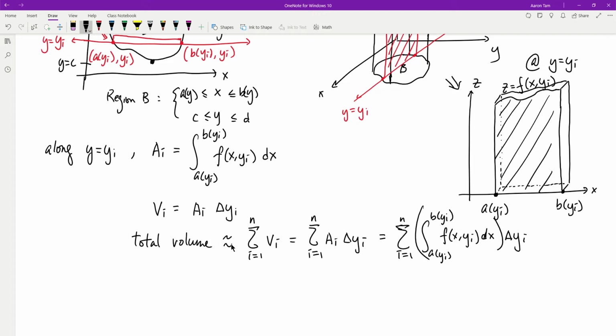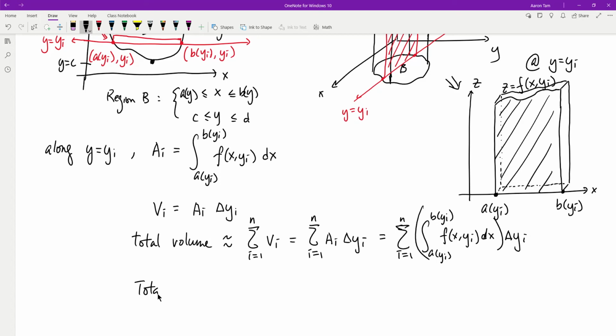But I could improve my approximation. The way to improve my approximation is to make delta y smaller, so that the layer that we're doing is thinner and therefore gives us a better fit to the region B. But making delta y sub i smaller means that we have to do more of this, and therefore forces n to go off to infinity.